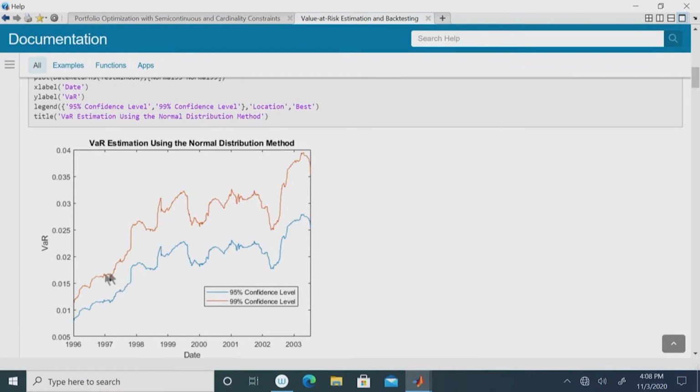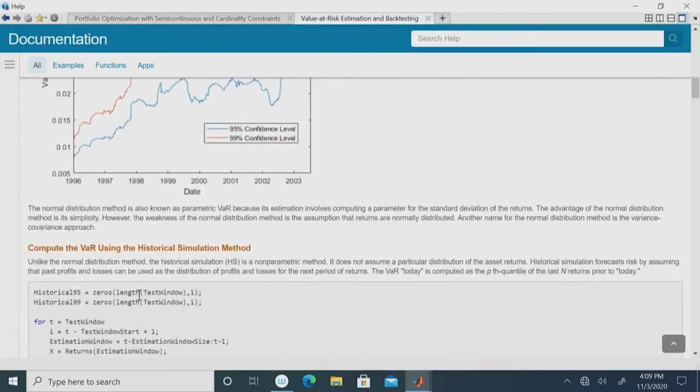So, if you look at the curve on the top, which is the orange curve, these are the values which are only 1% likely to be breached, but the bottom curve, which is in blue, has values that are likely to be breached in 5% of the cases. So, obviously these values are going to be less, and since these values are less, they are more likely to be breached. That means they are likely to be breached on 5% of occasions, as compared to the one at the top, which are likely to be breached only in 1% of the scenarios.